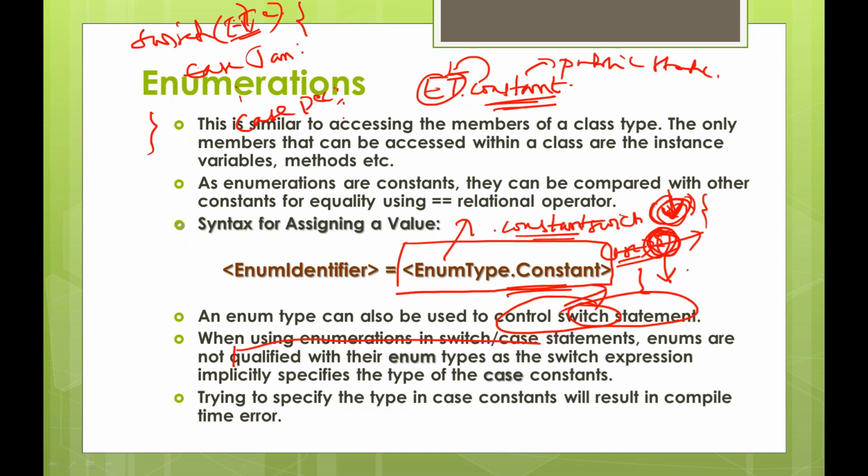One of the values that you specify here will be compared with these cases, and then the corresponding statements will be executed. But while defining case constants, you write case, then the case constant, then a colon.